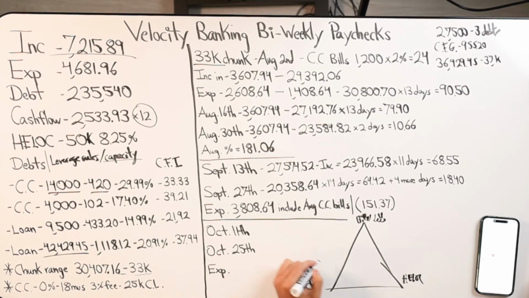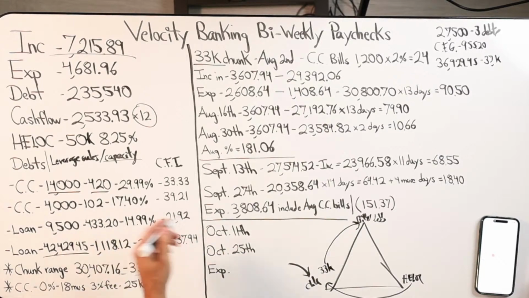Before you spend a single dollar of that income, you're going to move money out of your HELOC to your checking account. That would be our chunk. That 33 grand is going to be used to pay our debts that we're going to eliminate, the 3 and then partial of the 4th.